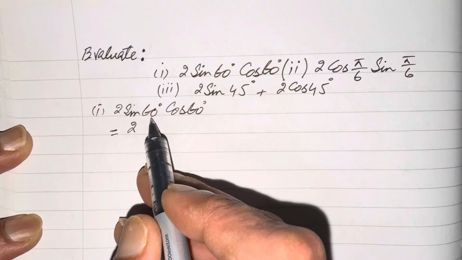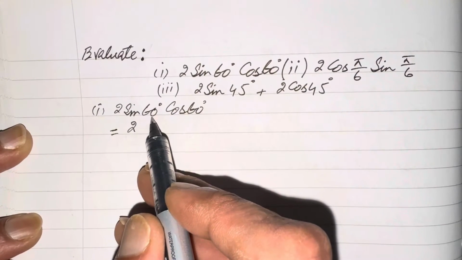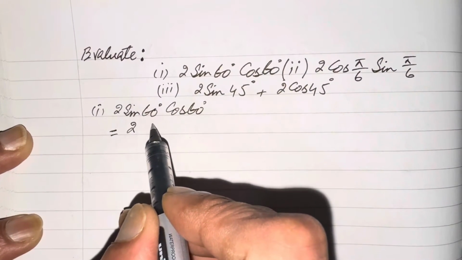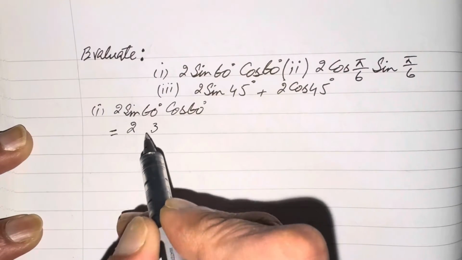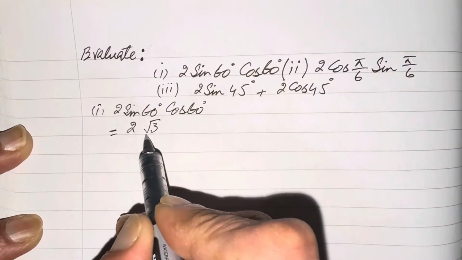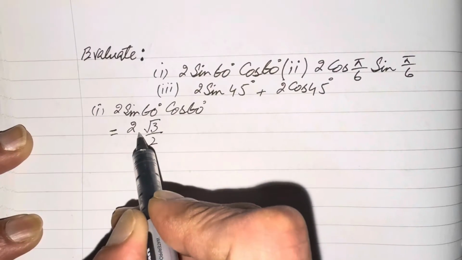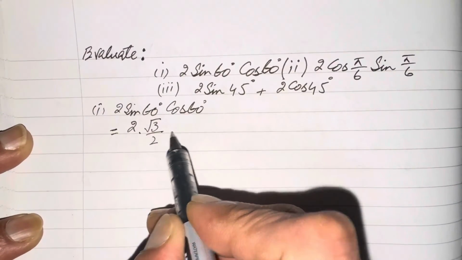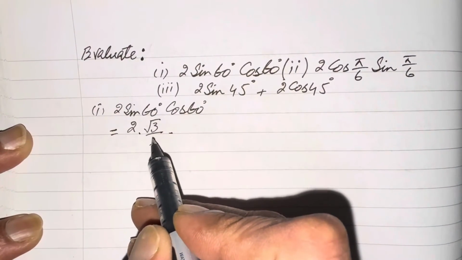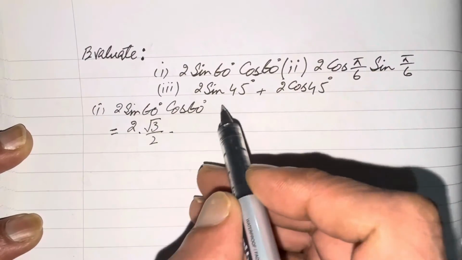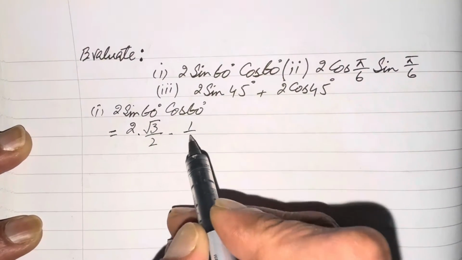So sine 60 is equal to under root 3 over 2, and cos 60 is 1 over 2.